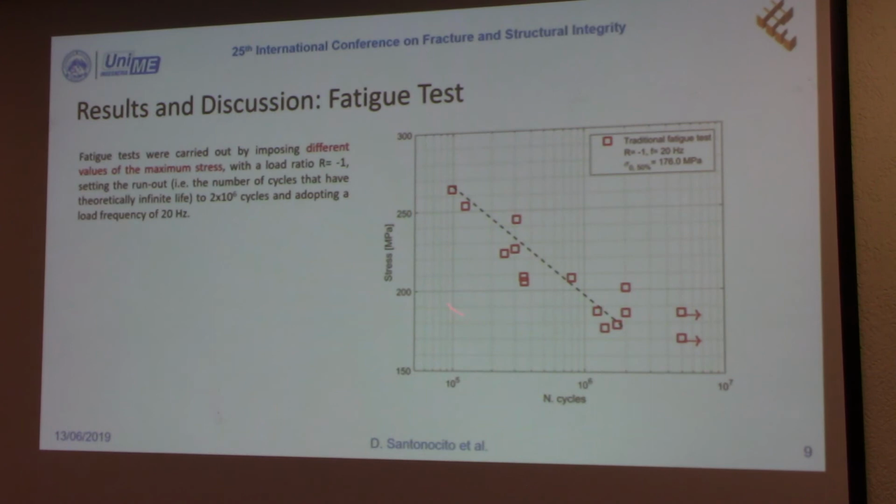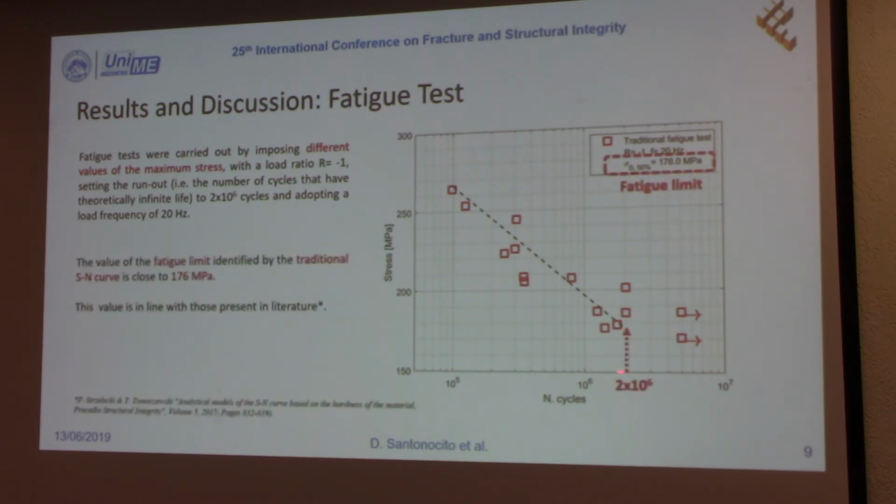And the runout was imposed at 2 million cycles, and the fatigue limit is 176 megapascal. That is in line with a value present in literature. And it is important to note that the value predicted by the static thermographic method is within the range. So the value predicted by the static thermographic method agrees with the traditional fatigue test.